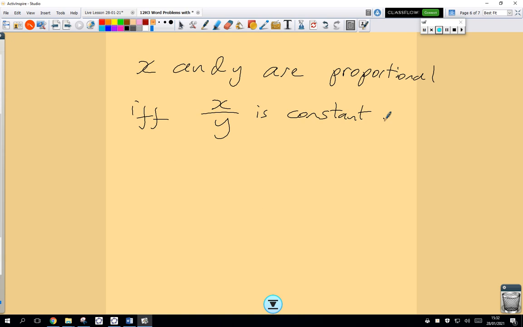So in other words, if x is some constant multiple of y, well then we have a proportional relationship. Okay, so that's what proportional means.